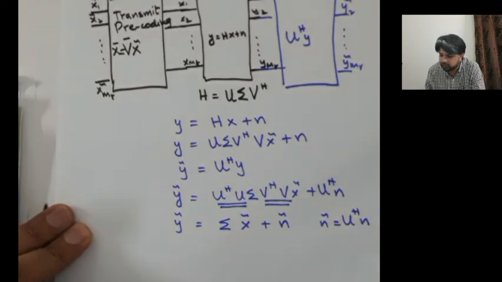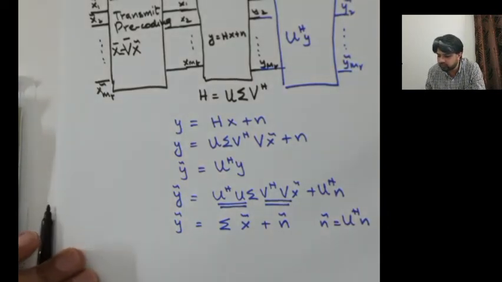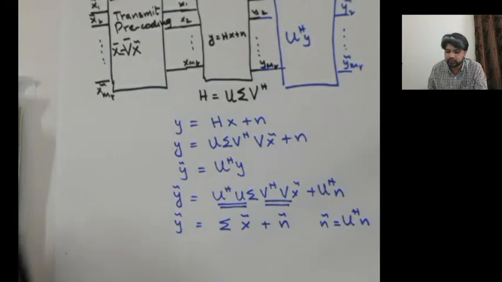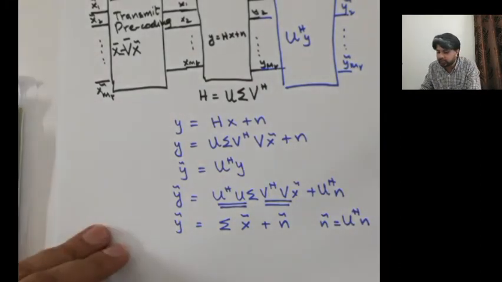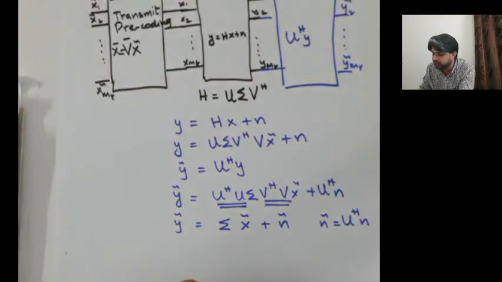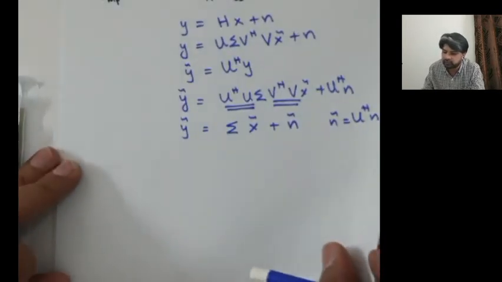And then we said that because this sigma is nothing but a diagonal matrix, you have diagonalized your channel effectively.